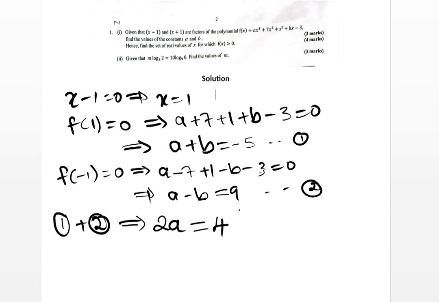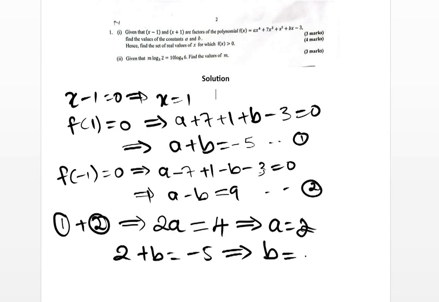If 2a equal to 4, this implies that a is equal to 2. Now, when a is 2, we substitute in any. We have 2 plus b is equal to negative 5. This implies that b is negative 5 minus 2, which is negative 7. So that said, we have the values of a and b.